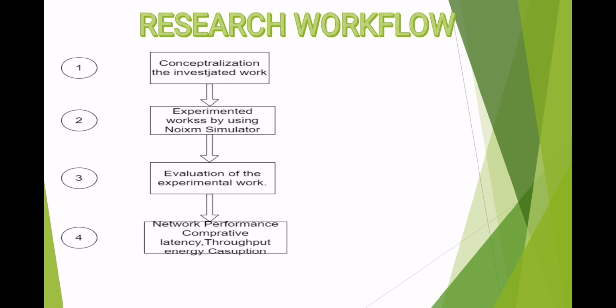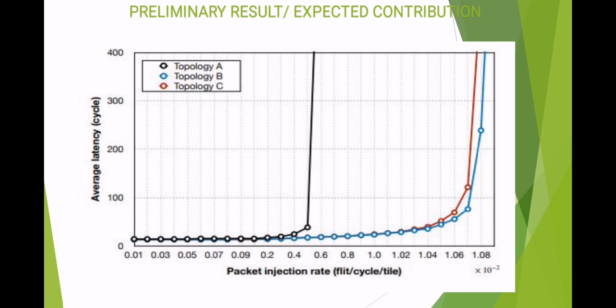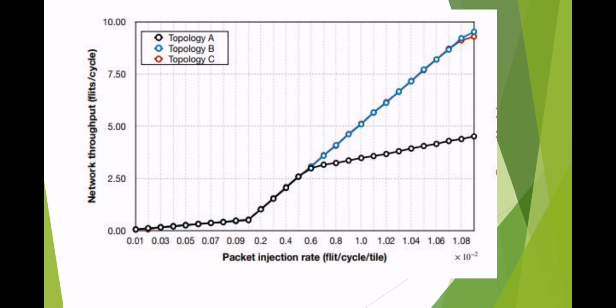And the fourth is the network performance comparison: latency, throughput, and energy consumption. This one is for the future results. Apply your simulation to get this. This will be shown as the average latency and the packet injection rate. It has three topologies: topology A, topology B, topology C.